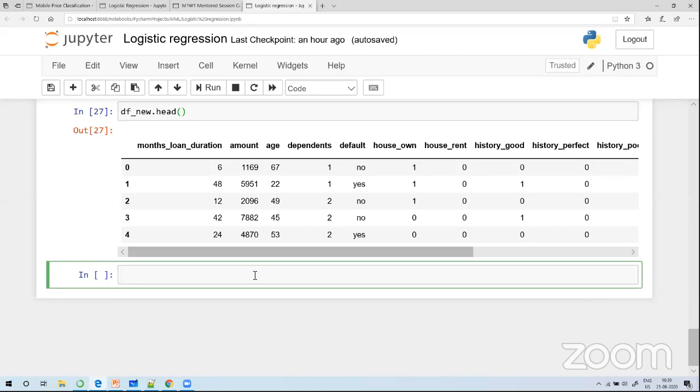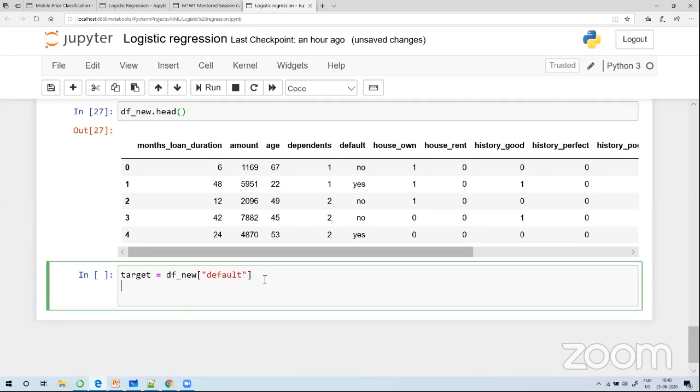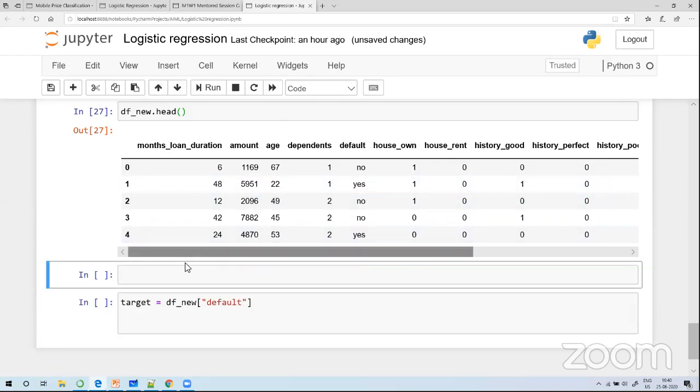Let's try to split this into training and test. Before that, we need to separate our data. So df_new, and in this we are going to select the target. The target is going to be default, so default is our target variable. Rest all of them are going to be our input columns.